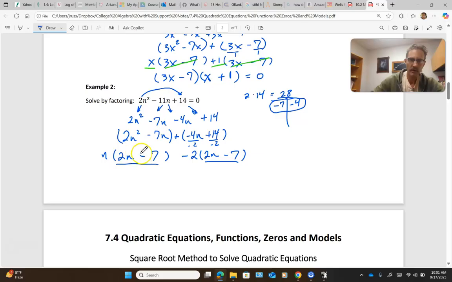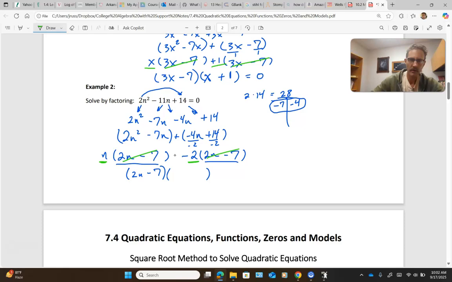Okay? So I have this binomial factor common to both of these terms. So I take it out, I factor it out. And so what does that leave me with? Well, if I had factored it out, then it would be gone from each of those terms, and I would only be left with the n and the minus 2.